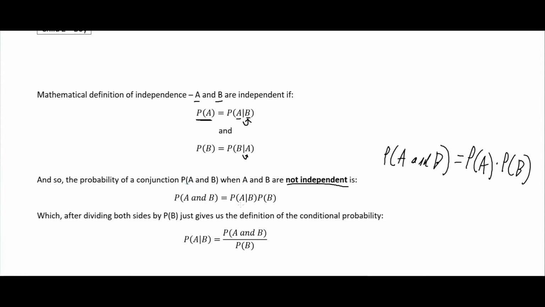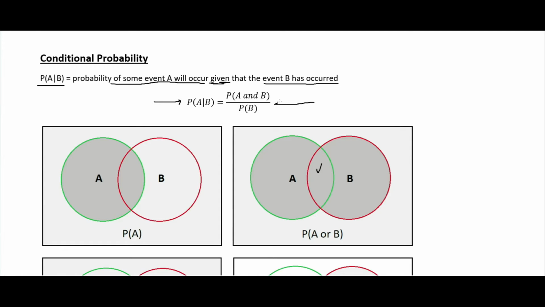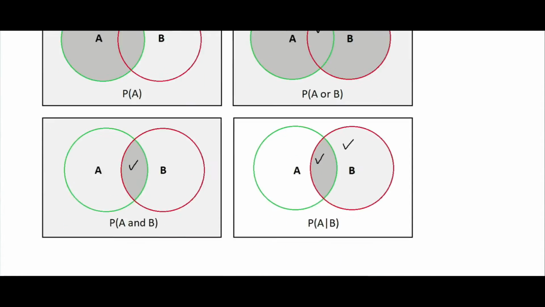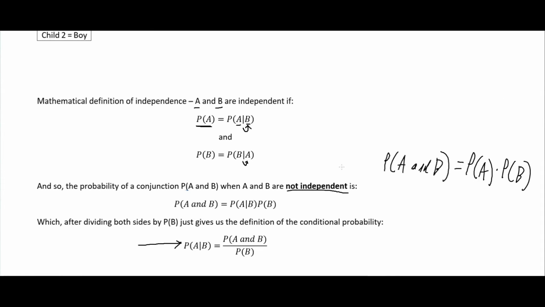So it's the probability of A given B times the probability of B, which you can see after we divide both sides by the probability of B, we just get back to our definition of a conditional, which was what I had up here. And so that is if it is not independent.